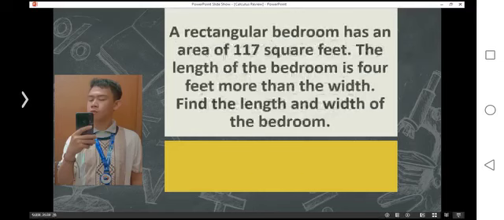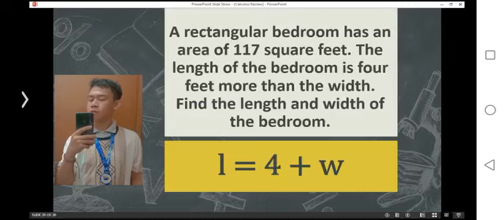Next, a rectangular bedroom has an area of 117 square feet. The length of the bedroom is 4 feet more than the width. Find the length and width of the bedroom. So area is equal to length times width. Second statement, length is 4 feet more than the width.